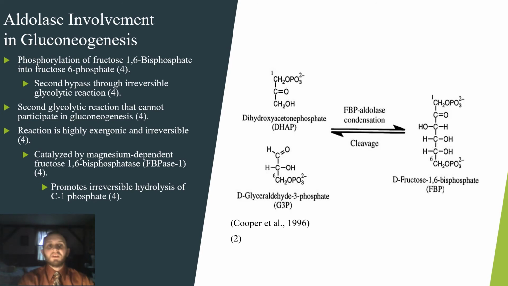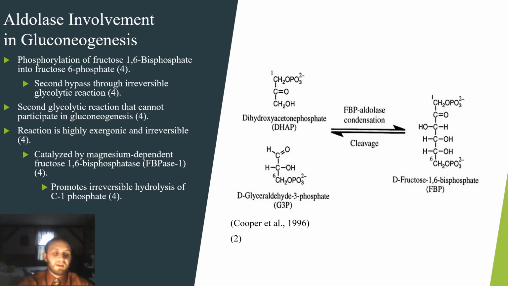Okay, so the important thing about this is the fructose 1,6-bisphosphate is also involved in the conversion into fructose 6-phosphate. And so this is due to dephosphorylation, and this is the second bypass of the glycolytic reactions. As you know, the glycolytic reactions are irreversible, so that's why gluconeogenesis needs those enzymes to bypass these reactions.